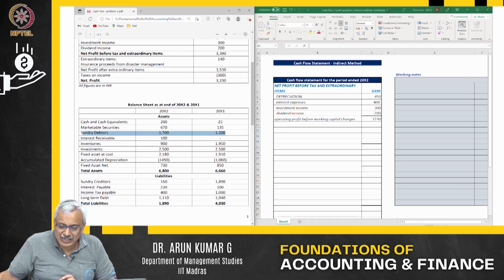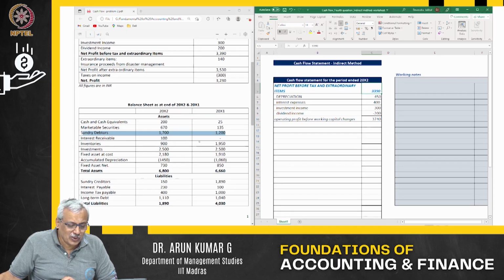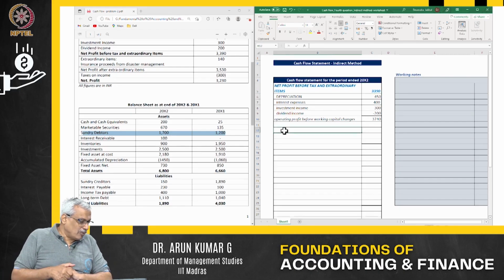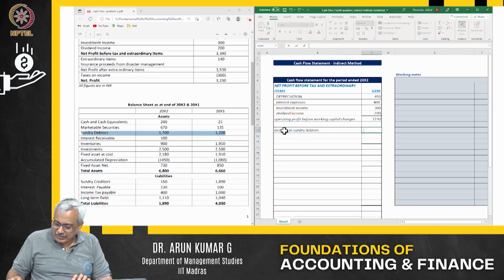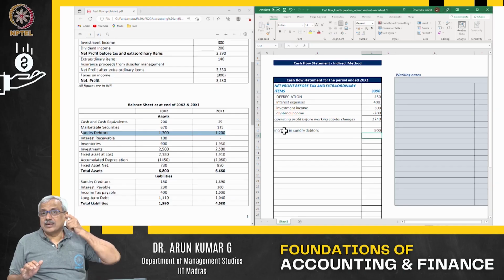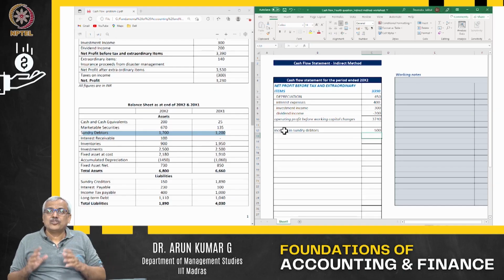The profit figure of 3390 will include the total amount of the sale, but 500 you are yet to receive. So, I will reduce the increase in sundry debtors.